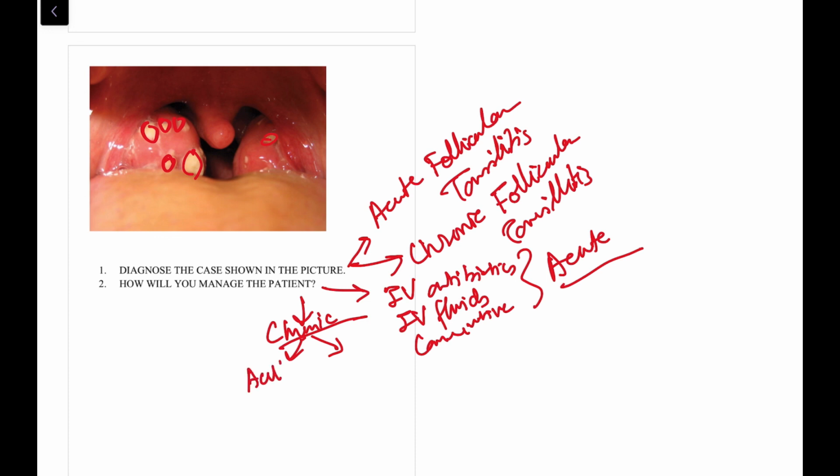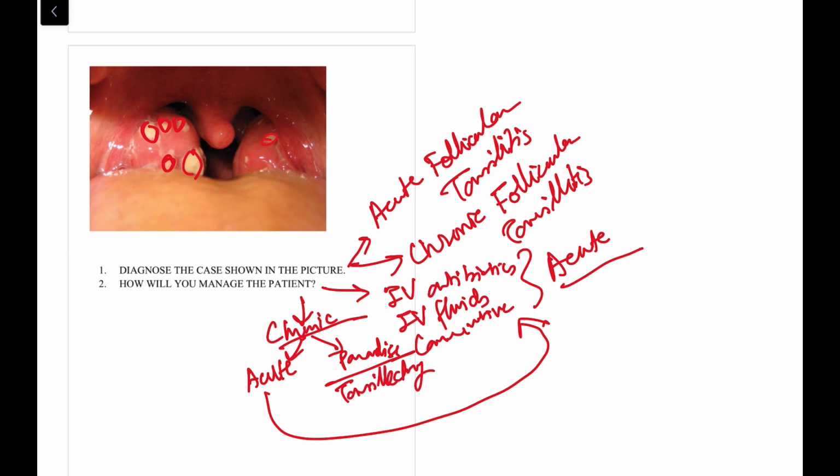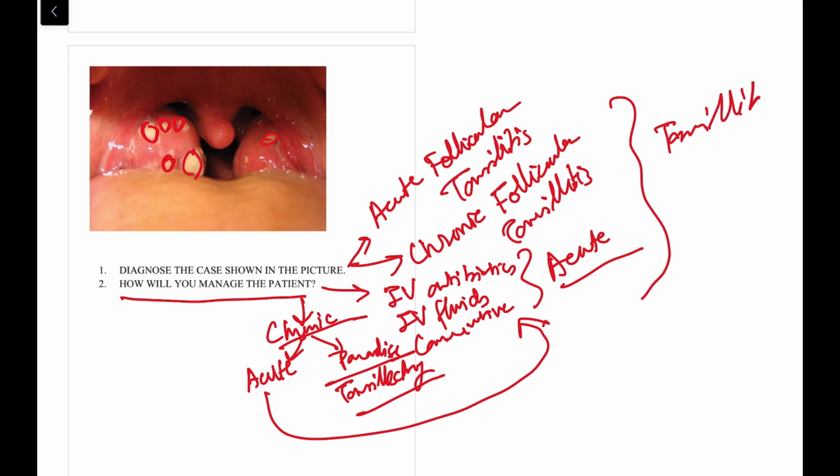If it is an acute on chronic tonsillitis, your treatment will be this, and if it fits the Paradise criteria, then your treatment will be tonsillectomy. So whatever diagnosis you write in case of this picture, you should be able to write the management accordingly. You can freely write it as acute follicular tonsillitis or chronic follicular tonsillitis. You may be asked about the other types of tonsillitis that you get, like the acute parenchymatous tonsillitis and so on. I am not going into details of those.